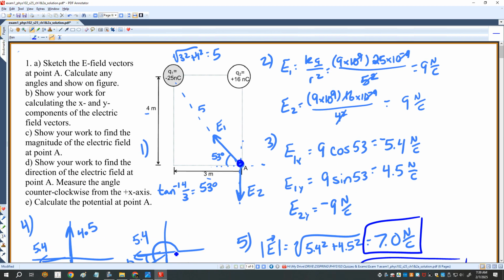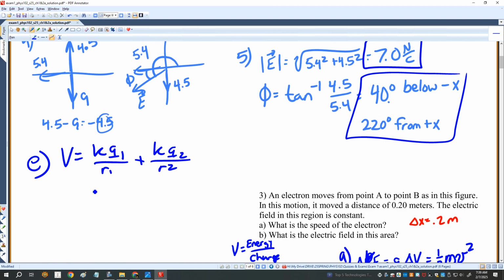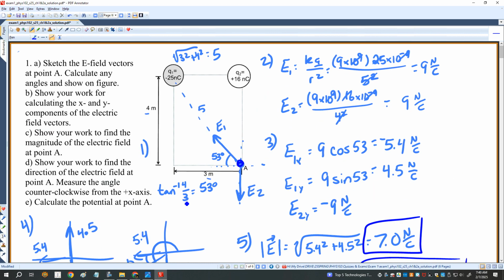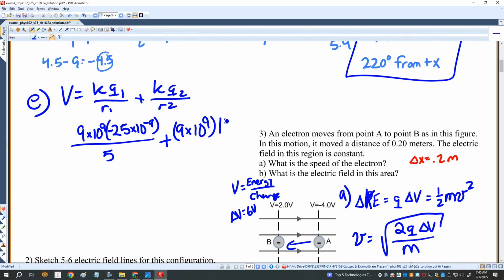So that's going to be k, 9 times 10 to the ninth, times negative 25 times 10 to the negative 9 divided by 5, plus 9 times 10 to the ninth, Q2 was it 16, 10 to the minus 9 divided by 4 meters.